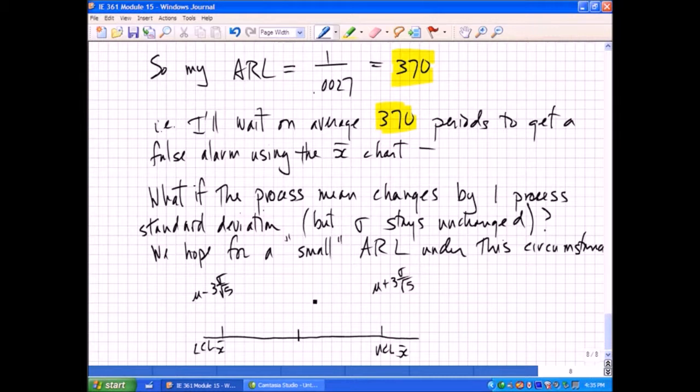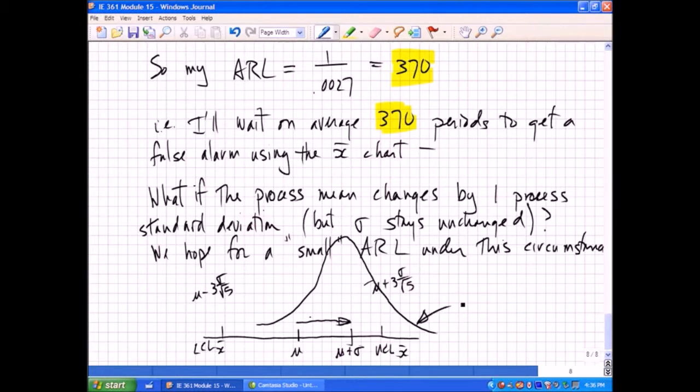But I want to change things up by saying that the actual process mean is not the one used to set the chart up, but is changed to mean plus 1 process standard deviation. Okay, so the idea is that I don't have that picture that I drew earlier for X bar, but rather I have a picture that looks like this.